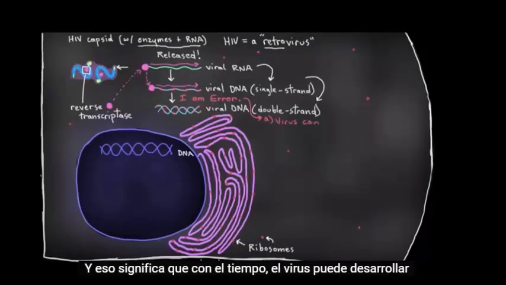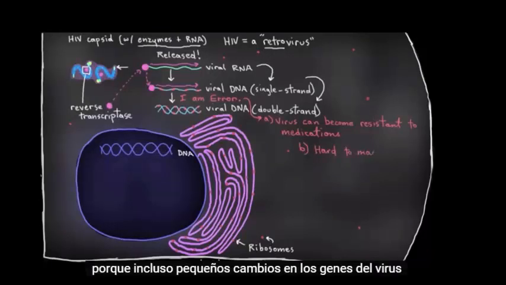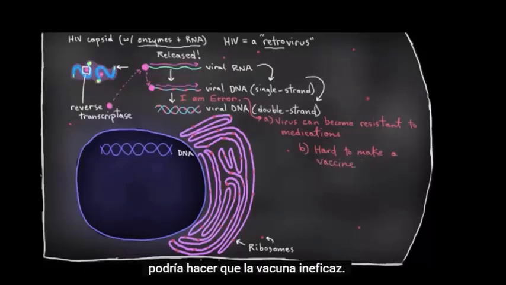And that means that over time, the virus can develop resistance to certain antiviral medications because the medication eventually might not be able to even recognize the viral DNA. And B, it's really hard to make a vaccine against HIV because even small changes in the genes of the virus might render the vaccine ineffective.